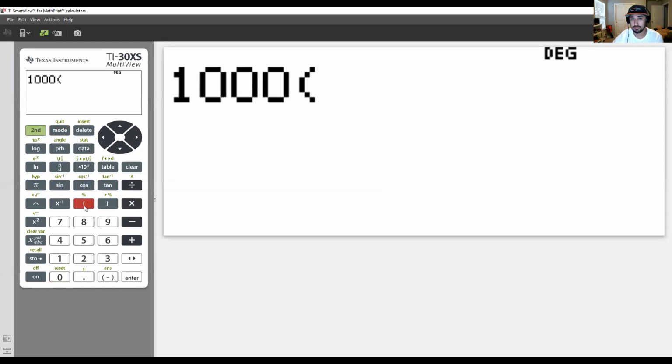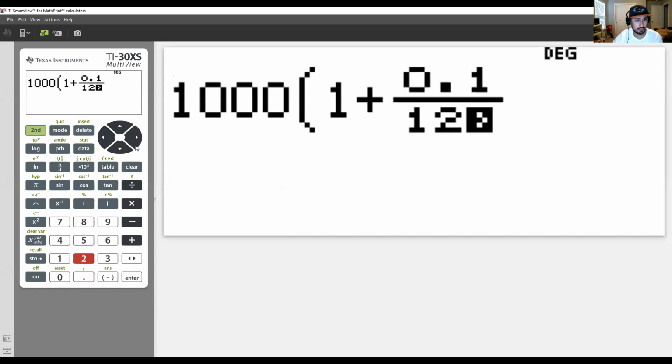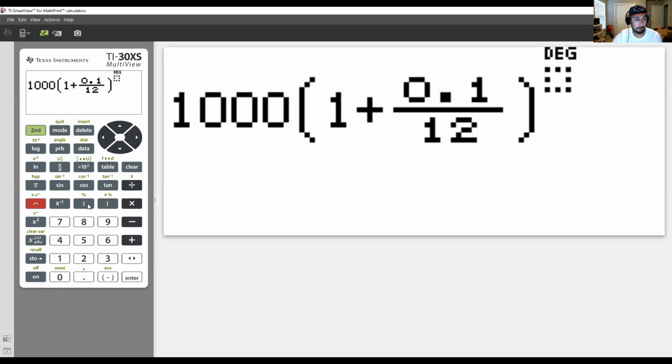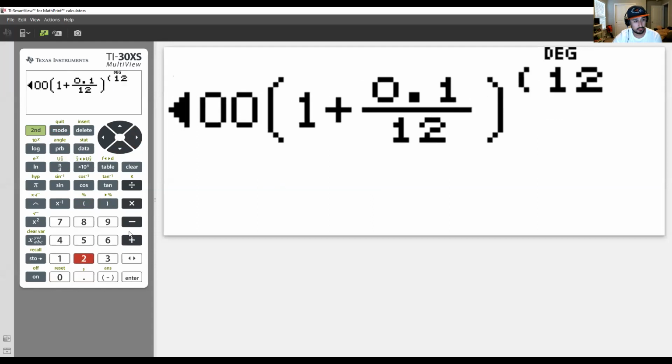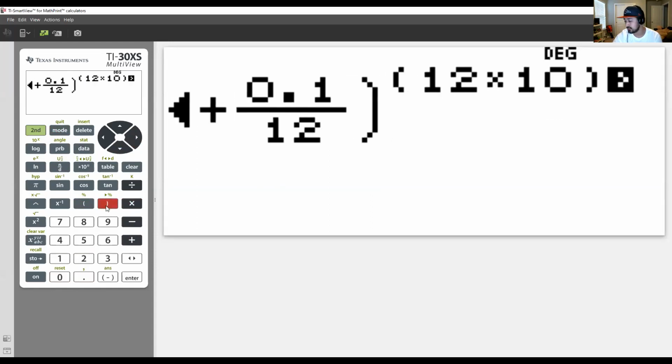Start a parentheses. 1 plus fraction button. 0.1 over 12. Close parentheses. Raise it, parentheses, 12 times 10. Close parentheses. Just like that.